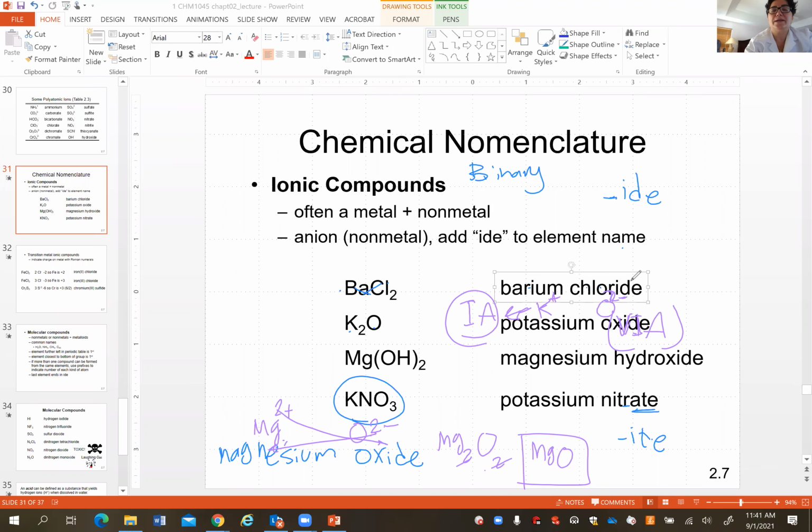Now, to bring it together and get the formula, you bring the 2 for the potassium and 1 for oxygen, and you don't write the 1, so you would say K2O. The charges must be canceled. If you did write KO for potassium oxide, it's wrong. Why is it wrong? Because potassium has a 1+ charge and oxygen has a 2- charge.